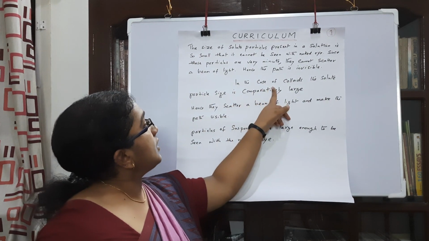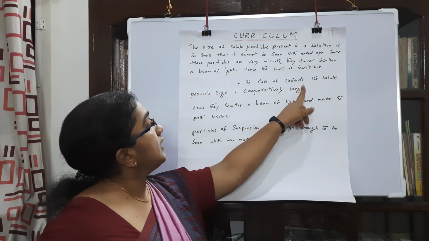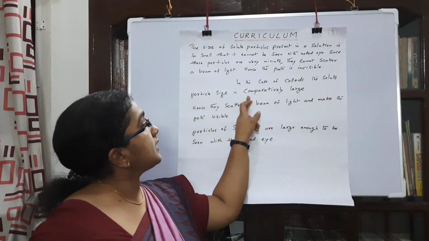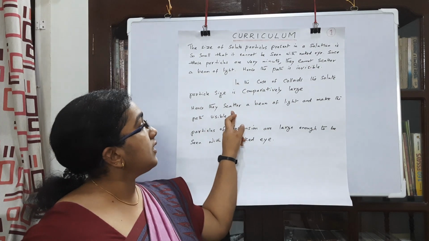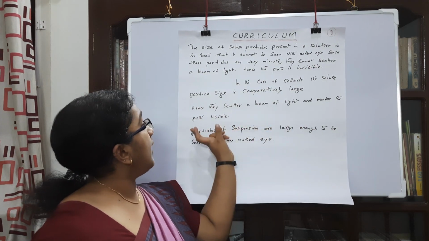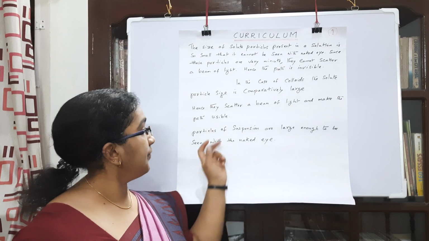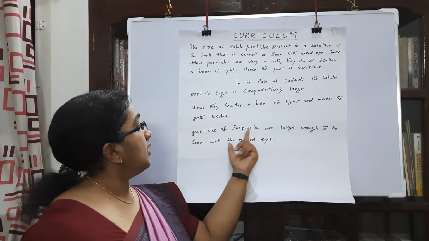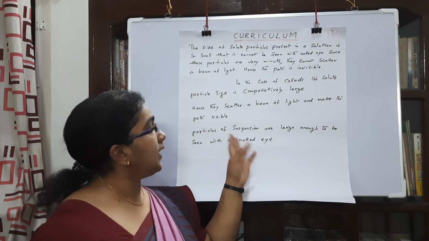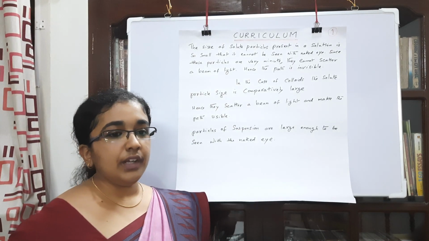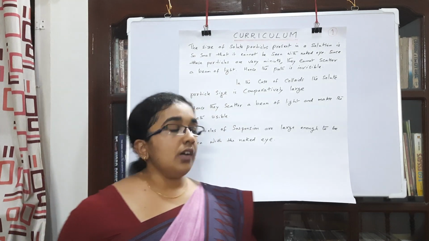In the case of colloids, the solute particle size is comparatively large. Hence, they scatter a beam of light and make the path visible. Particles of suspension are large enough to be seen with the naked eye.